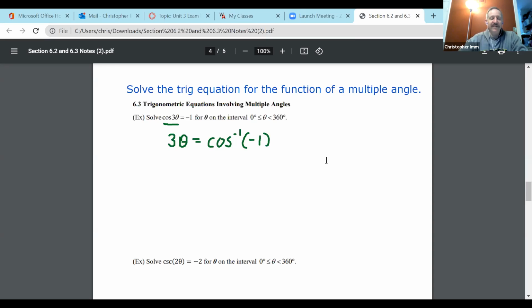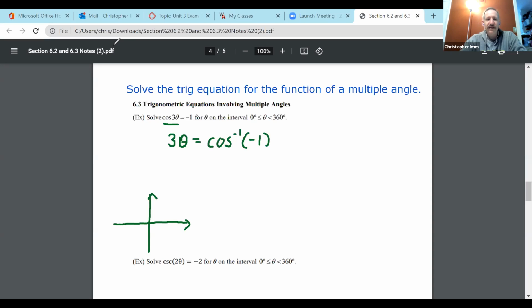Now this one happens to be a special value, right? It's quadrantal. So we want to know where on the unit circle cosine is equal to -1. We can either use a calculator to get an answer and then convert it over to the angles that we need, or with these special angles, we can actually figure out where that is. So where is cosine equal to -1? What angle?